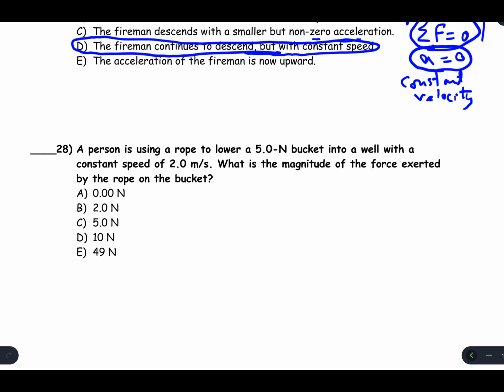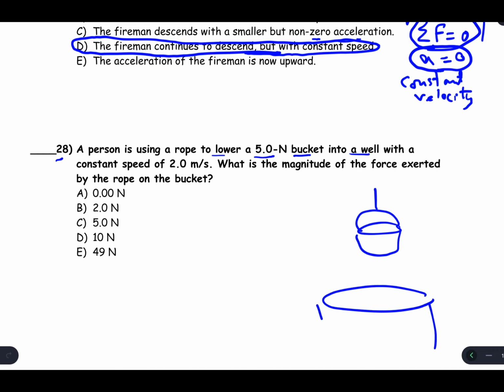Let's go to number 28. A person is using a rope to lower a 5 Newton bucket into a well with a constant speed.